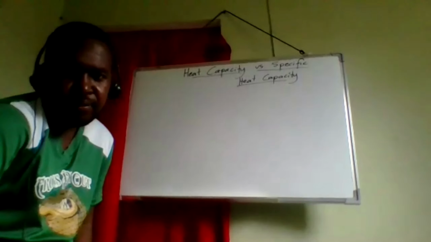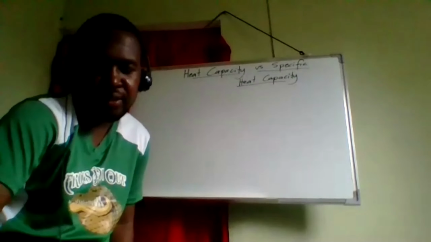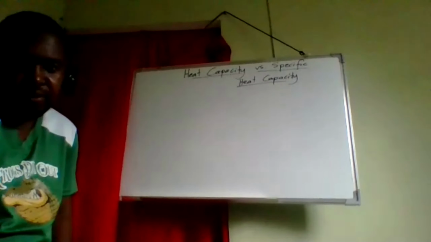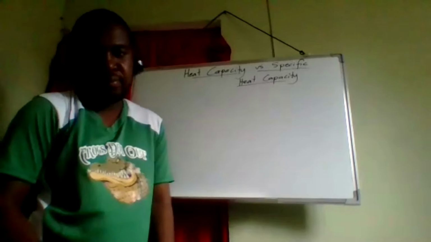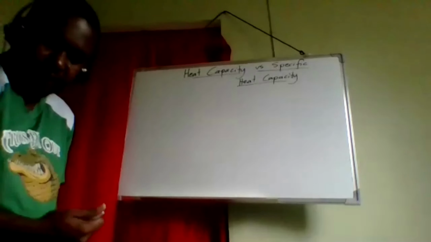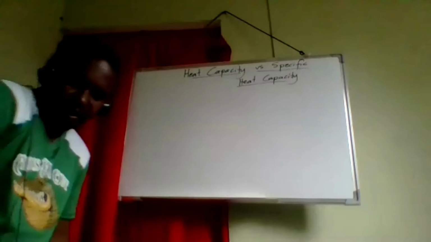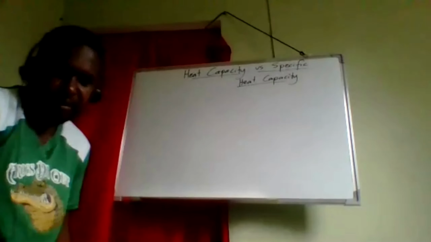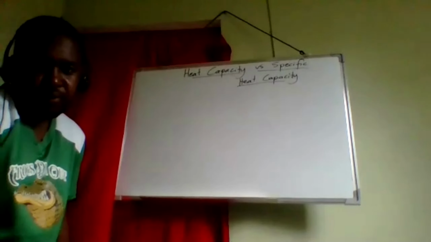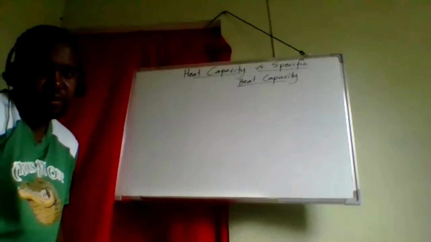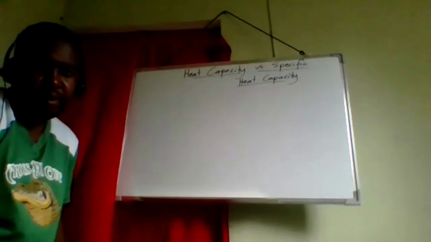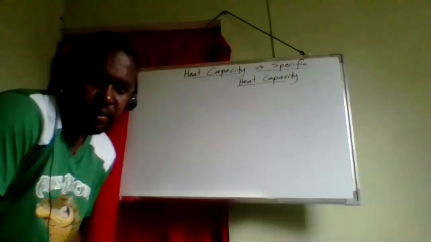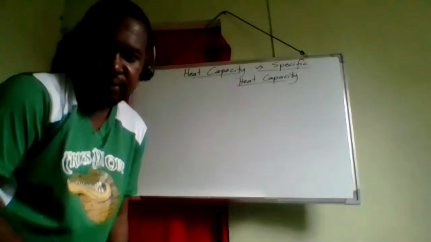Heat capacity is the amount of heat required to change the temperature of a substance by 1 degree. Alright, so someone gave the definition of heat capacity, which is the amount of energy required to change the temperature of a substance by 1 degree, right? So that's correct.